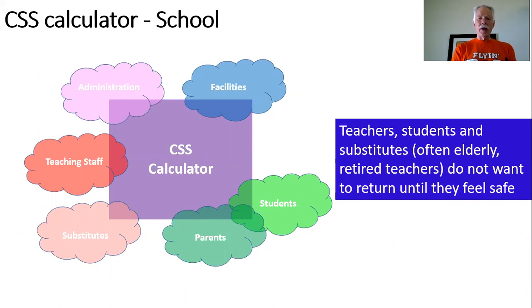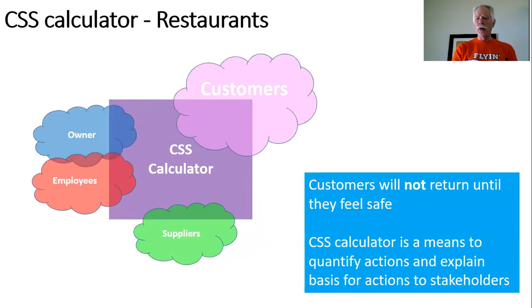In a school, for example, the administrators, the teachers, substitute teachers, which are often elderly retired teachers, students and parents and facilities people, all of these have a stake in making this safe for themselves and safe for the others around them. And the COVID Safe Space IAQ calculator is meant to be that type of tool.